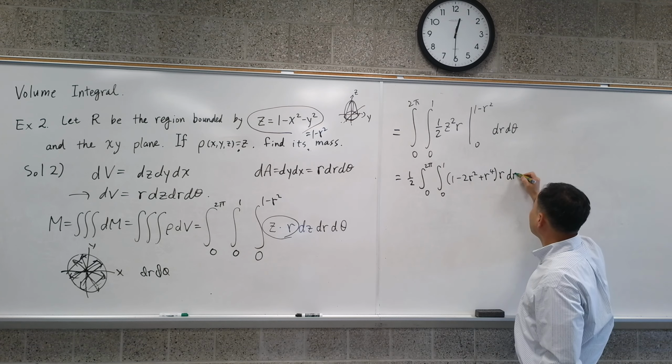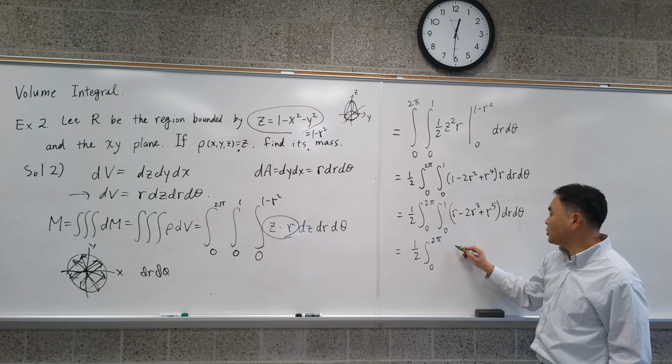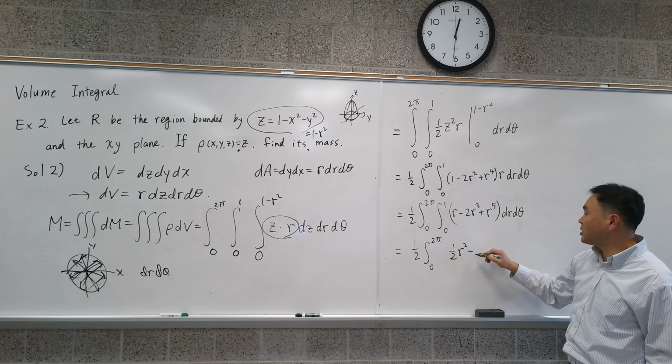And then that's going to be r minus 2r cubed plus r to the 5th, dr d theta, whose integral is now 1/2 r squared minus 2/4 r to the 4th plus 1/6 of r to the 6th. And then you're plugging in 1 and 0.